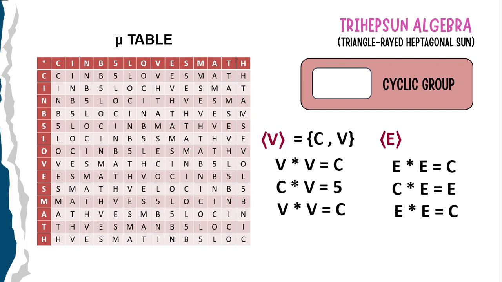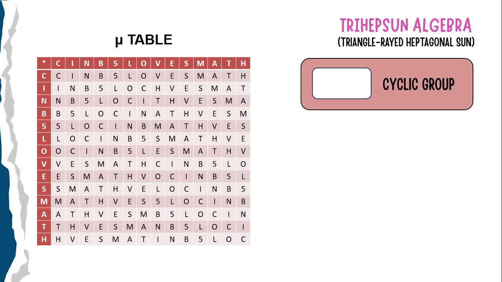So since V and E only generate two elements, it is not a generator, since a generator must generate all the elements. So we have here 14 elements. By doing the same process, we will have the resulting elements.